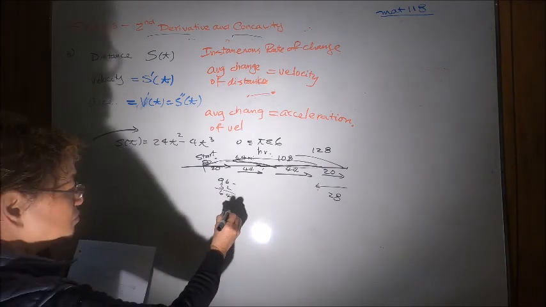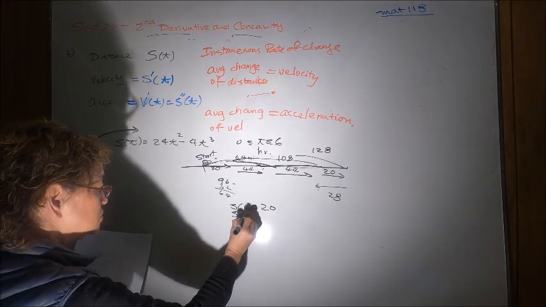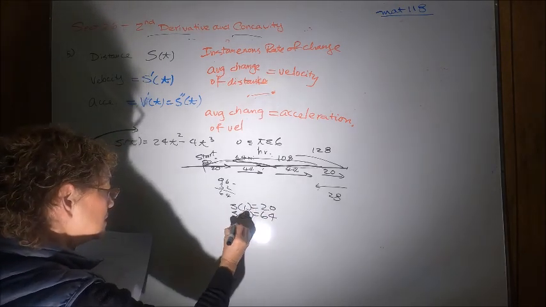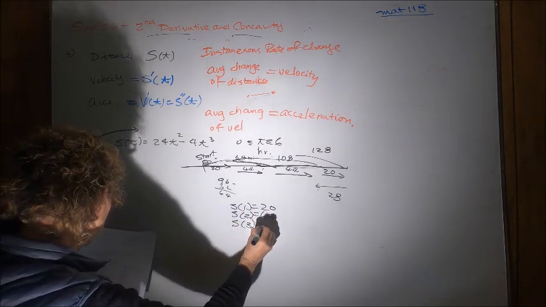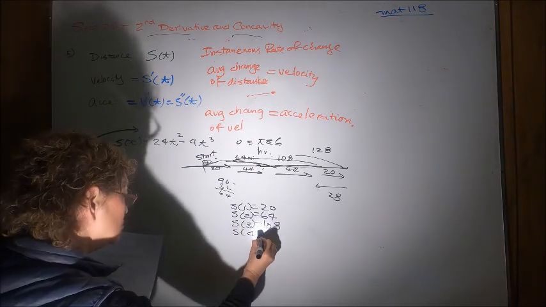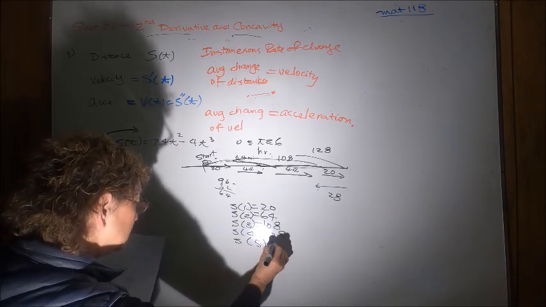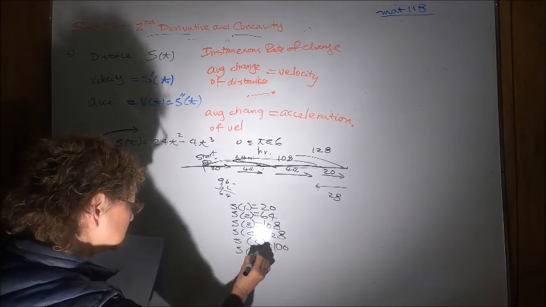Okay, because we just plug in: S1 is 20, S2 is 64, S3 is 108, S4 is 128, S5 is 100, then S6 is 0.